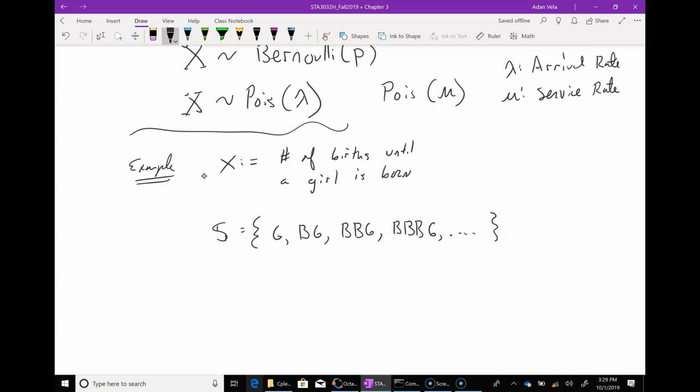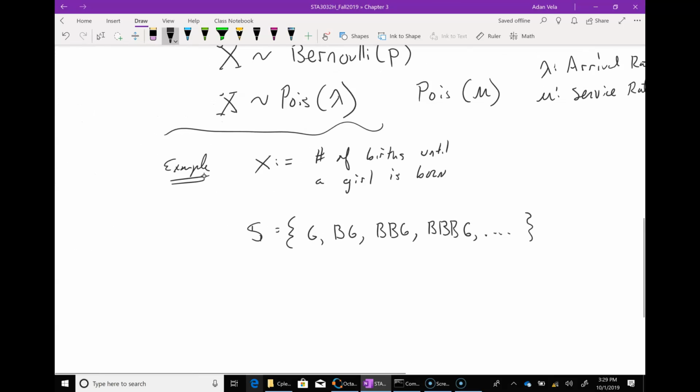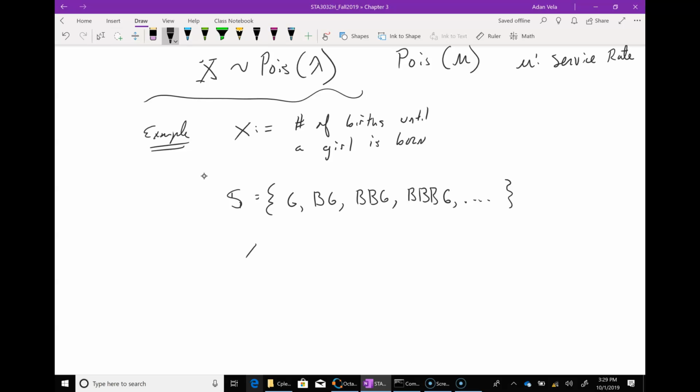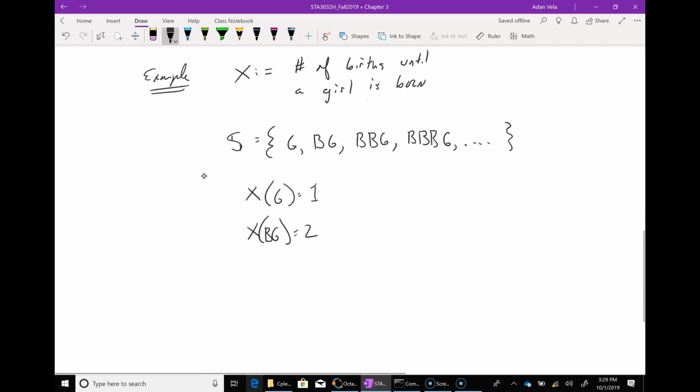And so the idea is that our random variable maps each element in our sample space to a value. It keeps going on.